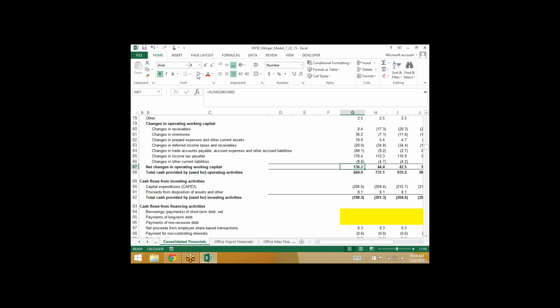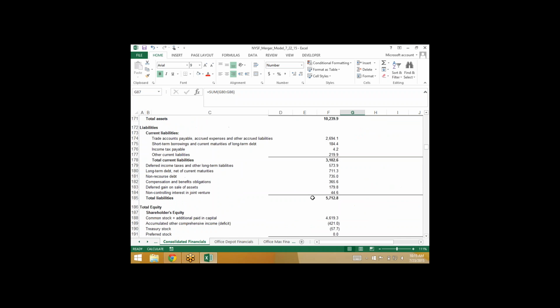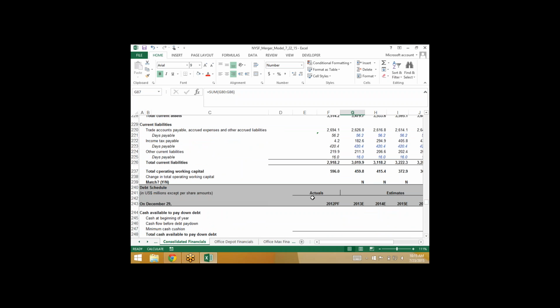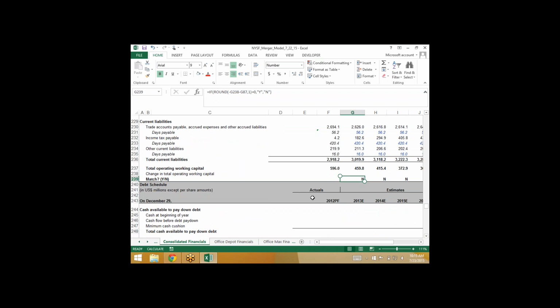And if you notice, in the working capital schedule, there's this match column on the bottom, right?